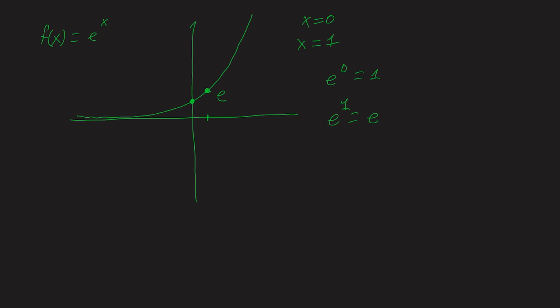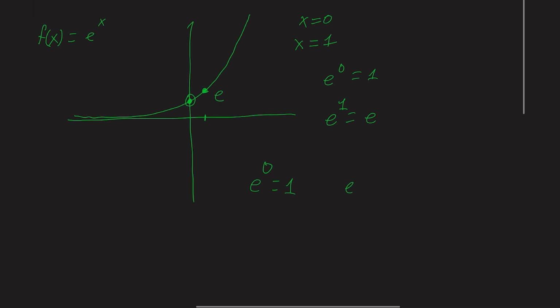And the behavior of the function makes general sense. If I have e raised to the 0 power, that's going to give me exactly 1. Okay, so that gives me this number right here. If I have e raised to any power greater than 0, then it's going to give me a number greater than 1. If I raise e to any power less than 0, it's going to give me something less than 1.